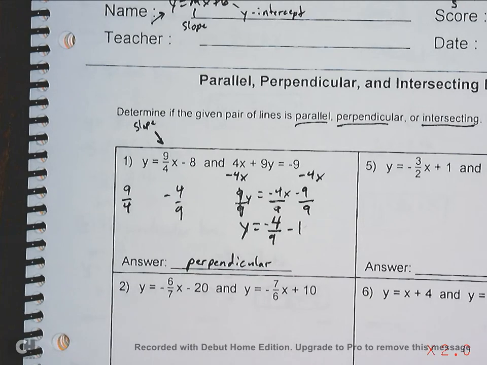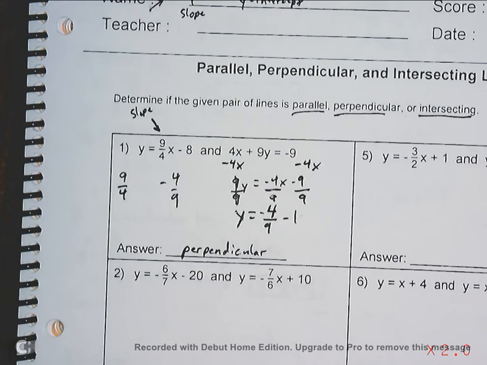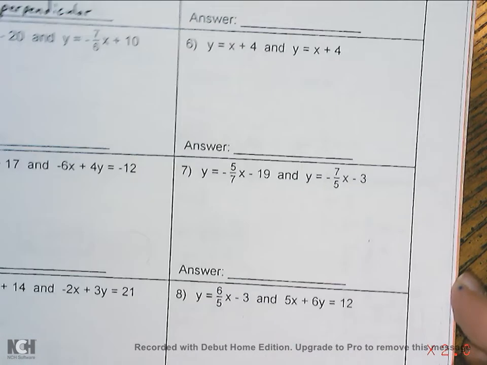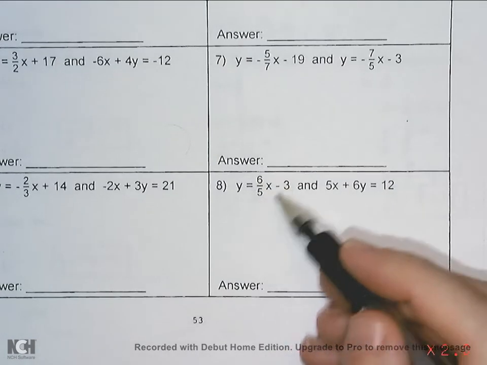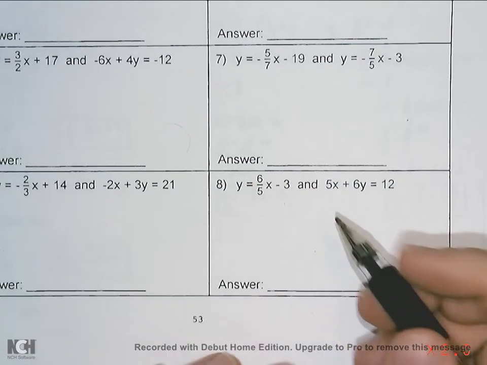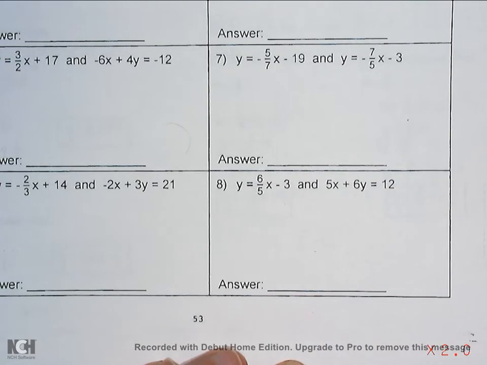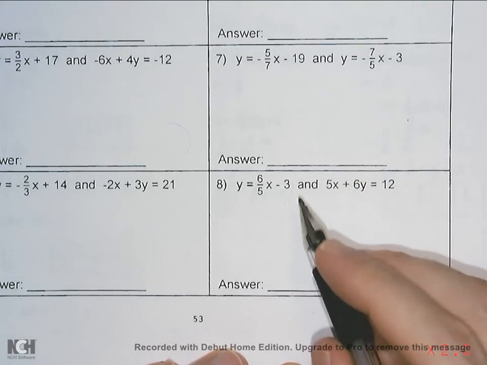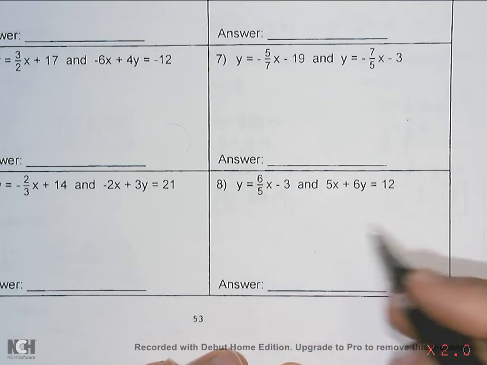Let's do one more. So let's look at number 8. Looking at this one, again, this is already in slope-intercept form, right? 6 over 5x minus 3. So we need to get the y by itself on this one so I can compare and see what the slope would be.